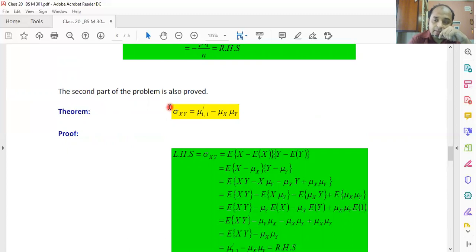In the theorem, nothing has been mentioned about the nature of the random variables capital X and capital Y. That means it is true for all types of random variables. Only thing you have to keep in mind is that capital X and capital Y shouldn't be of different nature. You cannot consider capital X to be discrete and capital Y to be continuous. Then this result will not hold. They should be of the same type, like either both of them are discrete or both of them are continuous. Then the result can be used.